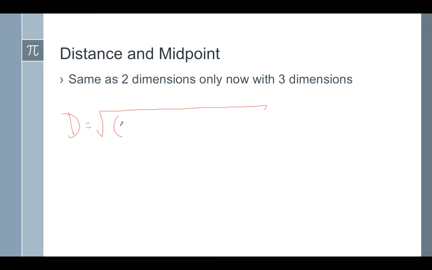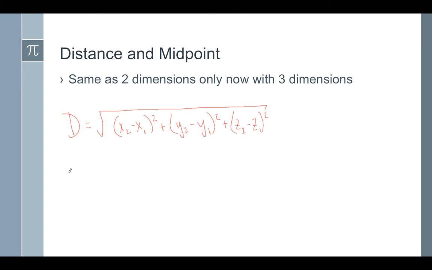If we were only in 2 dimensions, we would do x2 minus x1 squared plus y2 minus y1 squared. But we're in 3 dimensions, so let's add another one. Really simple. That's the distance formula, the distance between any 2 points in 3 dimensions.